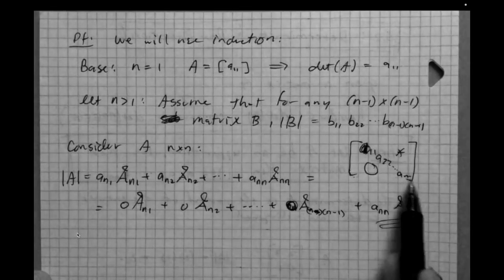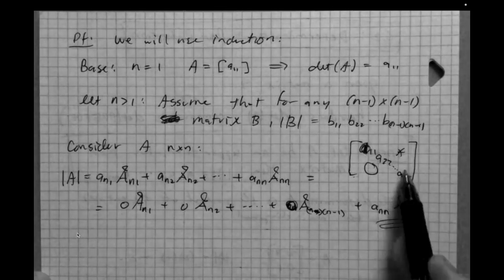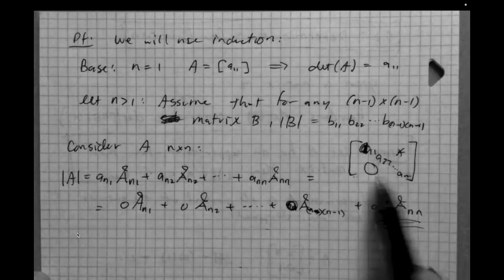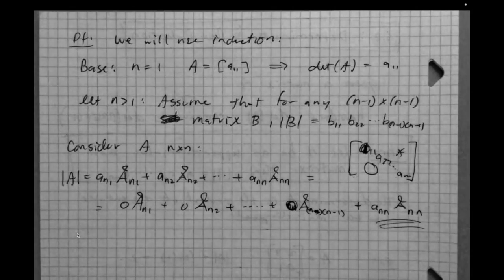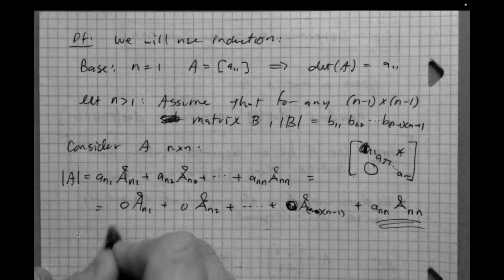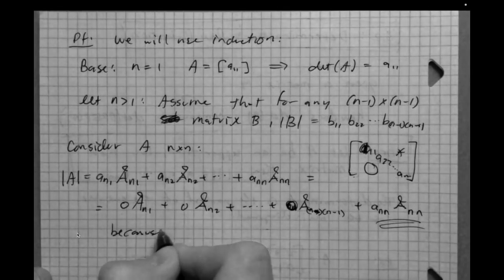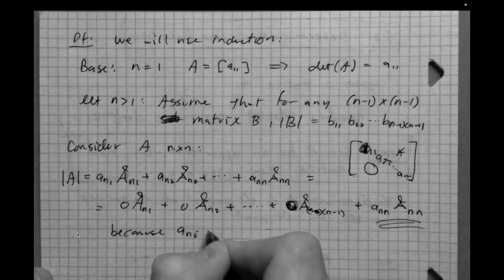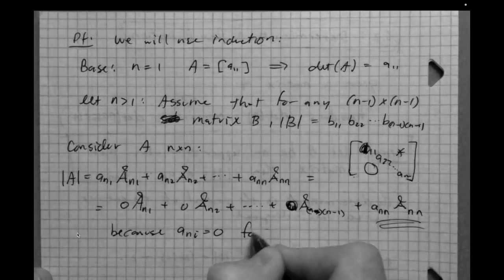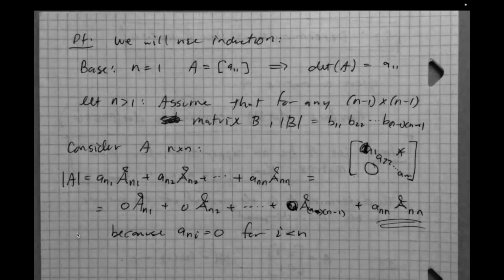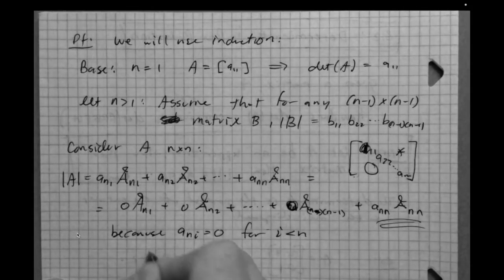And then this ANN is the only one that's not 0 in the nth row. Okay? And so specifically we can say a(n)(i) equals 0 for i less than n, since A is upper triangular.